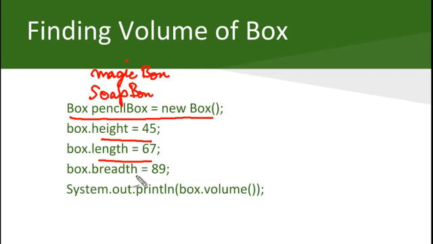You are setting the height, length and breadth of the same using the dot operator, and when you print box.volume, it is calling the method of that class, calculating the volume and returning that. So from our earlier example in which we were calculating the volume here, now the volume is a method of the class itself.